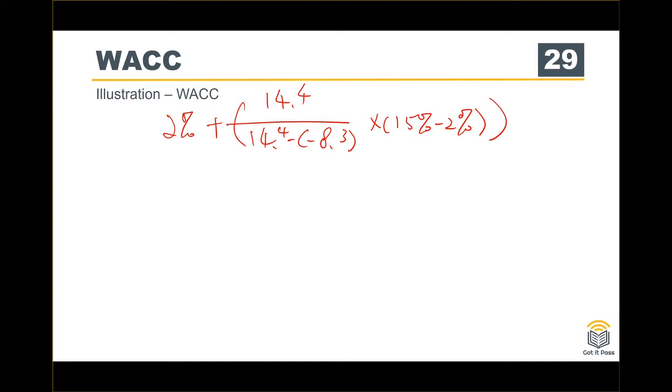Remember, we use the after-tax cash flow, so there's no need to work on any tax adjustment here. You get 10.2% on the cost of debt. So you got all numbers: 10.2% for cost of debt, and the cost of equity is 17%.